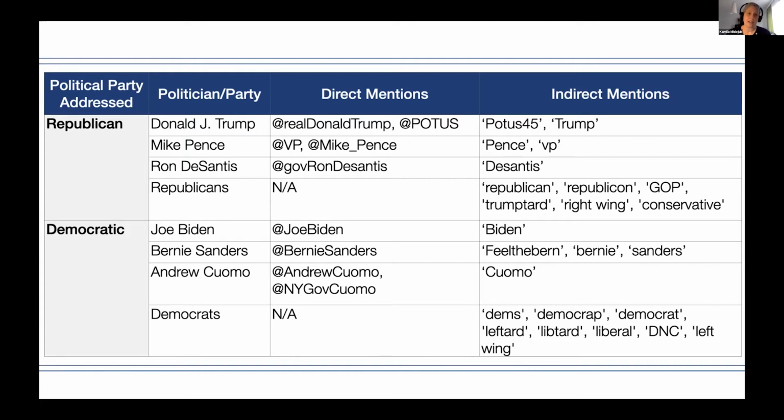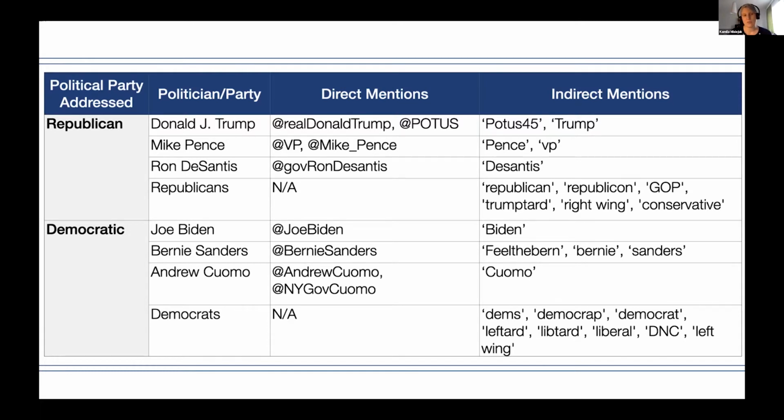Also, we looked at ways that people would talk about these parties or people who support these parties. And because we looked at Twitter, we had to use both neutral and pejorative terms to describe the parties. So the way we looked at the data was that if in a tweet there were more mentions, direct or indirect, directed at the Republicans, the tweet would be classified as Republican.